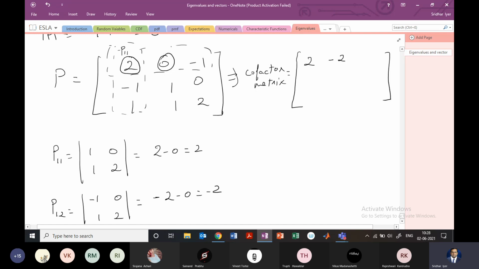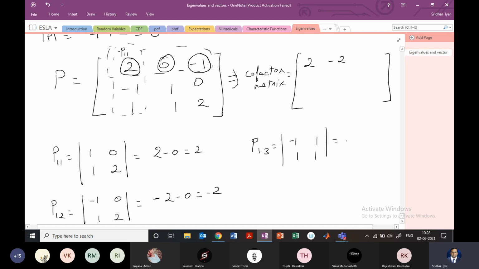Then you have the third value. Let me write this here. The cofactor for P13, right? This is the third value, negative 1. I'm going to ignore the first row and the third column. So we'll be left with negative 1, 1, 1, 1. So you'll have here minus 1 minus 1, which is minus 2. So the third value here is minus 2.